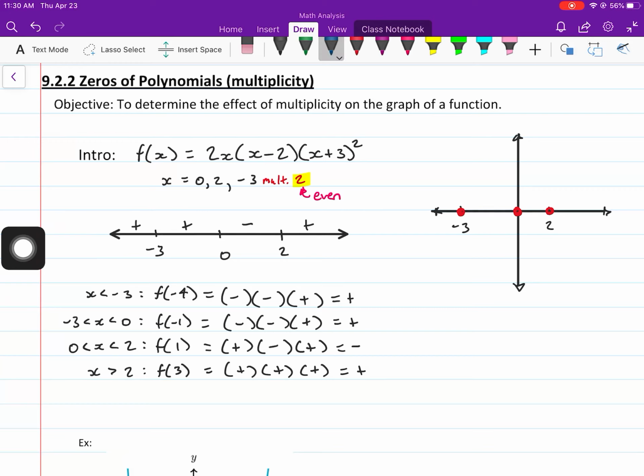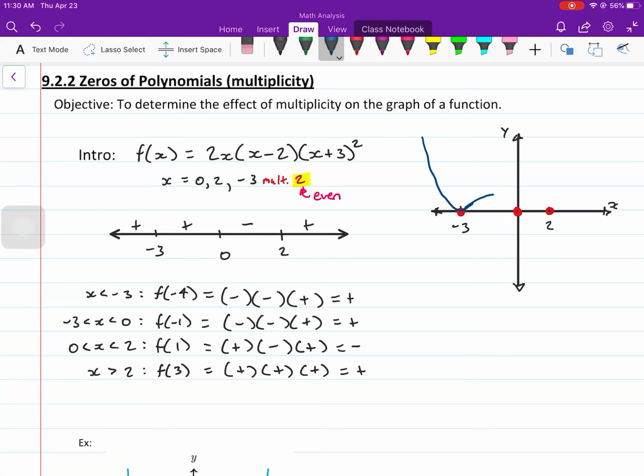So let's see what the graph looks like. It's going to be positive, meaning it's above the x-axis. And then it's not going to go through. Mine kind of went through, so let me redraw it. It's going to bounce off of it. It's got to touch the 0, because it's technically 0 at negative 3, right? So it's got to touch the x-axis there, but it's just going to bounce right off because it's going to keep the same sign.